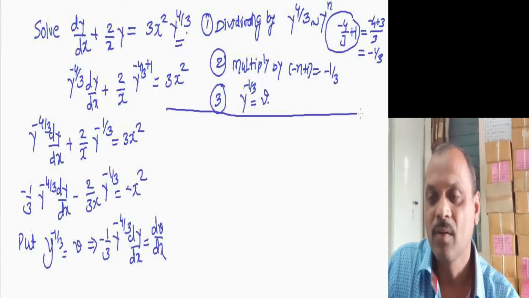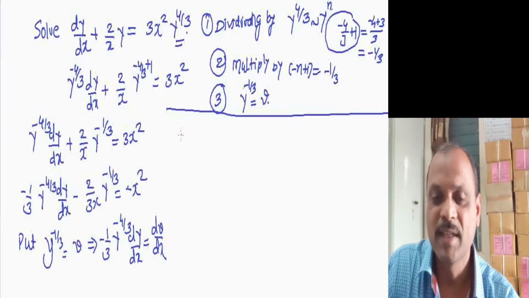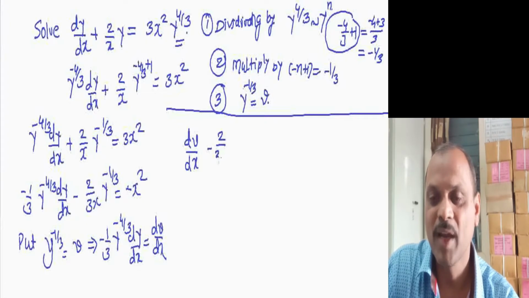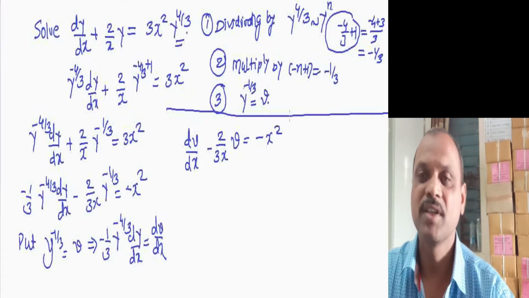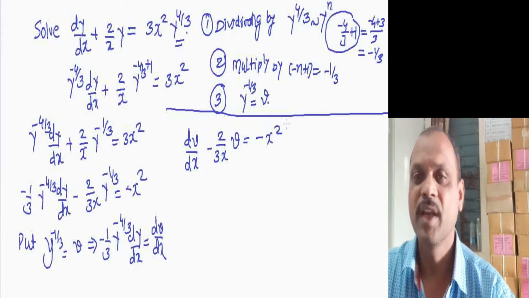Okay. Now, you can see that this is equal to dv by dx minus 2 by 3 into x into v equal to minus x square. So, this is a linear differential equation in v and x.